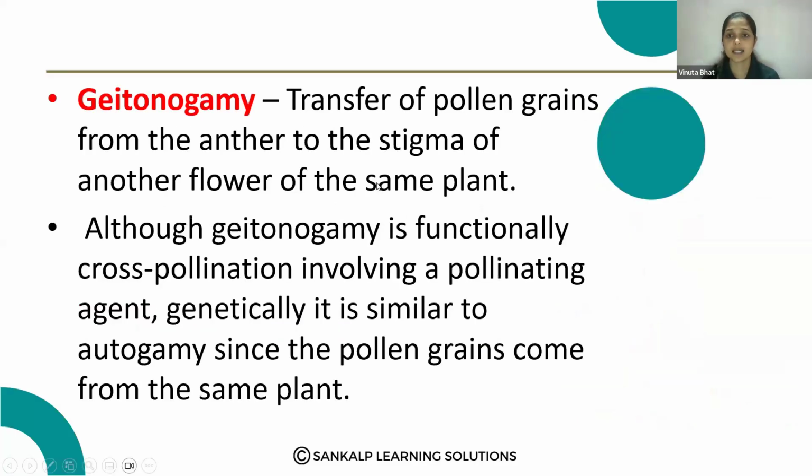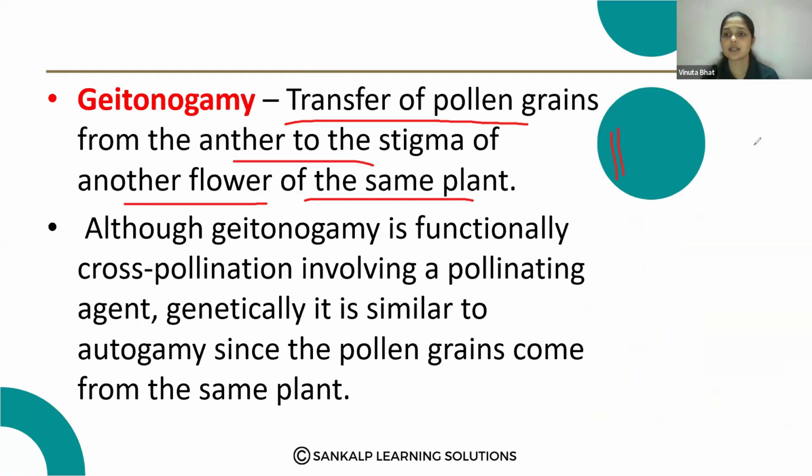And the second type is geitonogamy. What is geitonogamy? Autogamy means within the same flower, right? But here the transfer of the pollen grains is from the anther to the stigma of another flower of the same plant. Means here the species are the same. For example, this is a brinjal plant and this is also a brinjal plant.